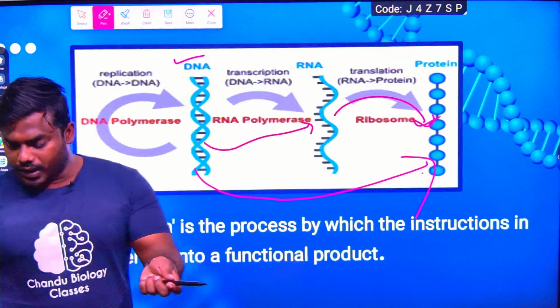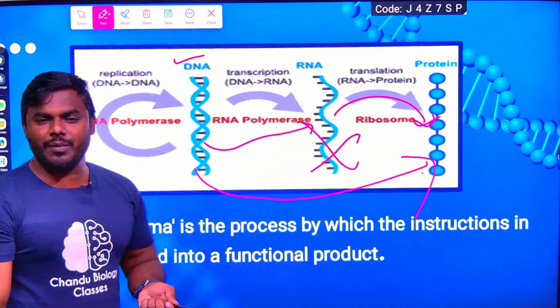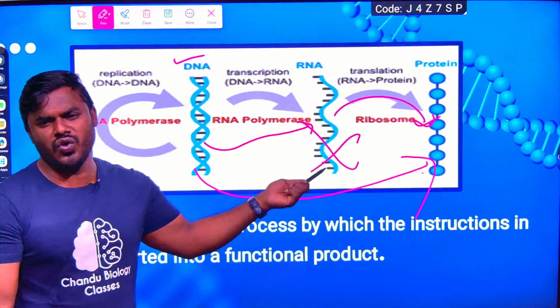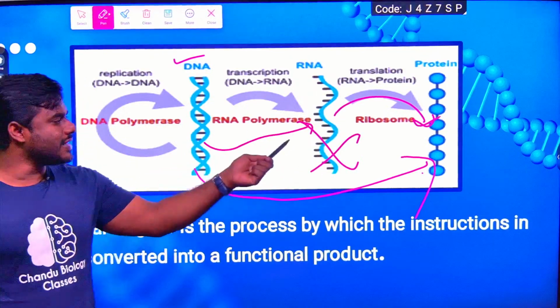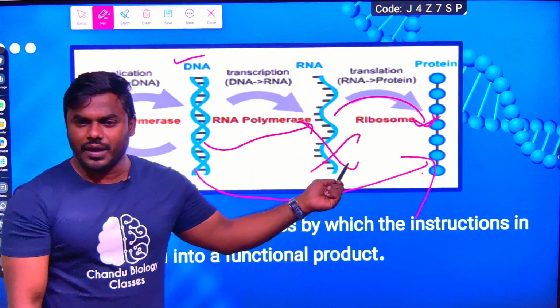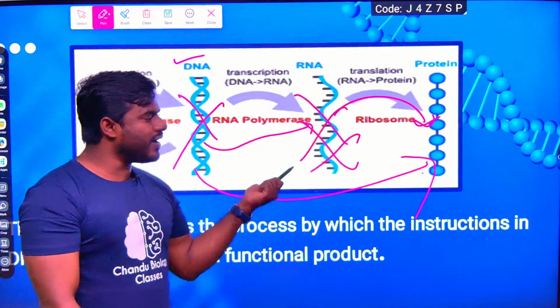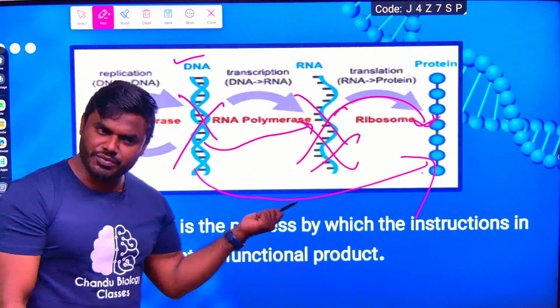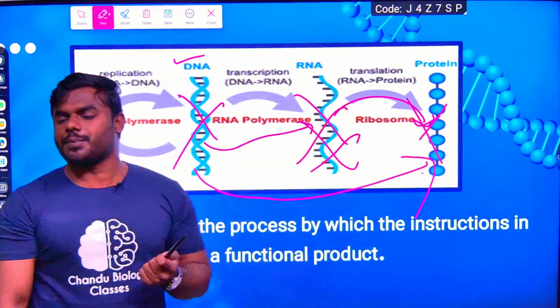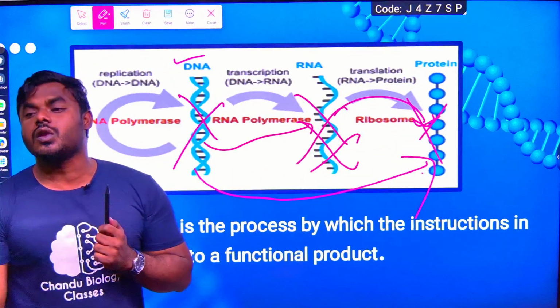Suppose this particular RNA got damaged, does it cause any harm? No, because we have DNA. We can synthesize the RNA immediately. But if DNA is damaged, we can't synthesize proper RNA. Even though we synthesize the RNA, it is mutated. Even though we synthesize the protein, that will become completely non-functional.